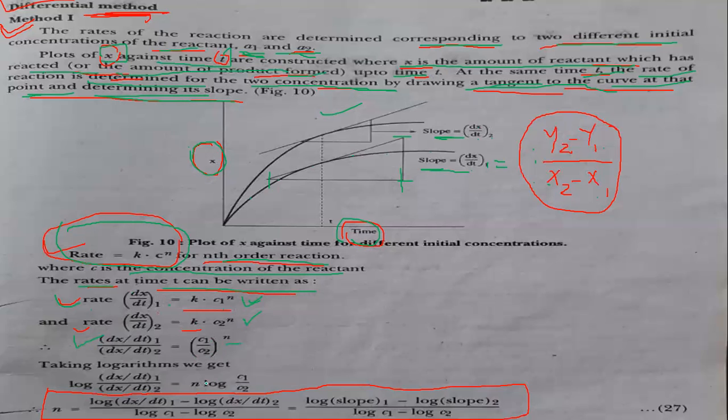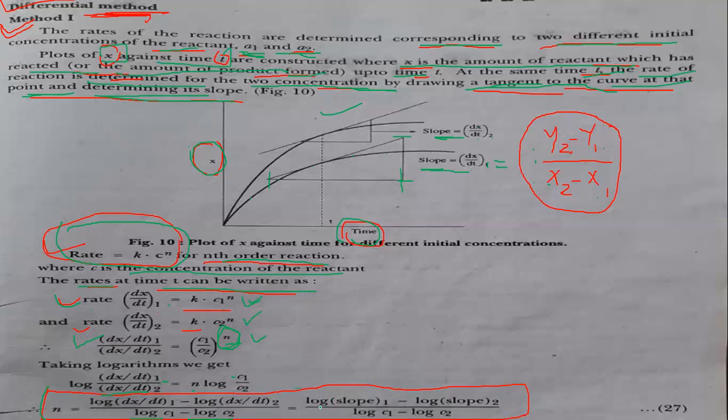Taking log of both sides, we are going to focus on this term. For all these methods, we are focusing on the order of reaction. So n into log of c1 upon c2. Rearranging this equation, take log of c1 upon c2 to that side. What you will get is n is equal to log of dx upon dt 1 minus log of dx upon dt 2, upon log of c1 minus log of c2.